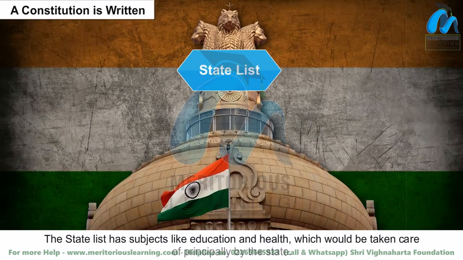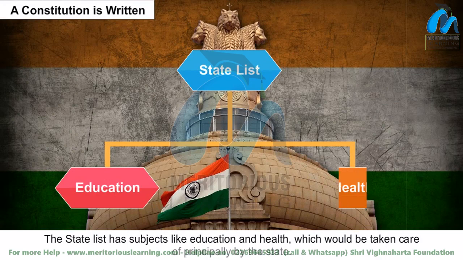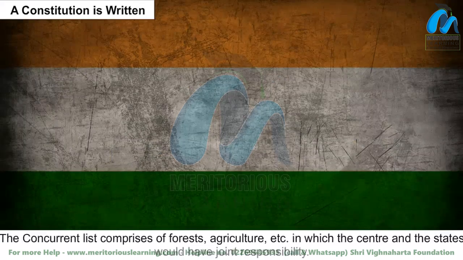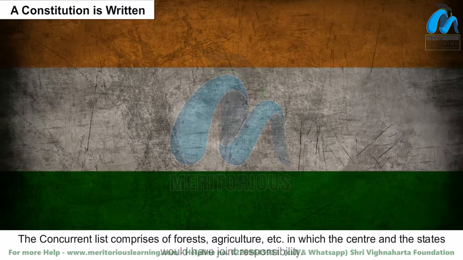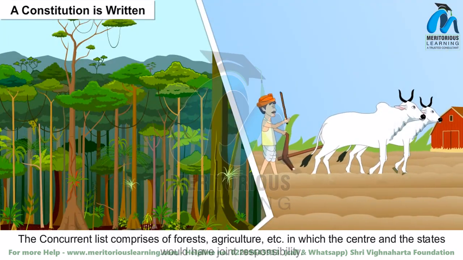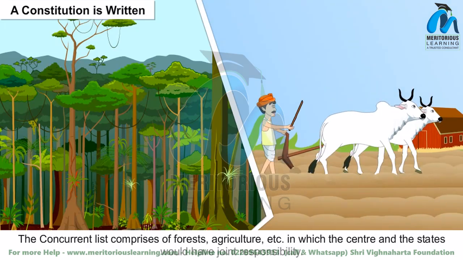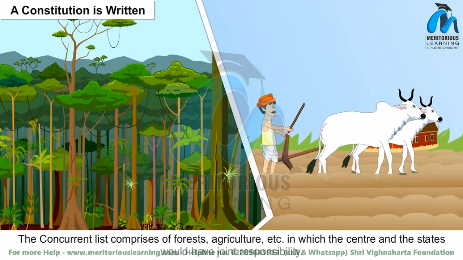The State List has subjects like education and health, which would be taken care of principally by the state. The Concurrent List comprises forests, agriculture, etc., in which the centre and the states would have joint responsibility.